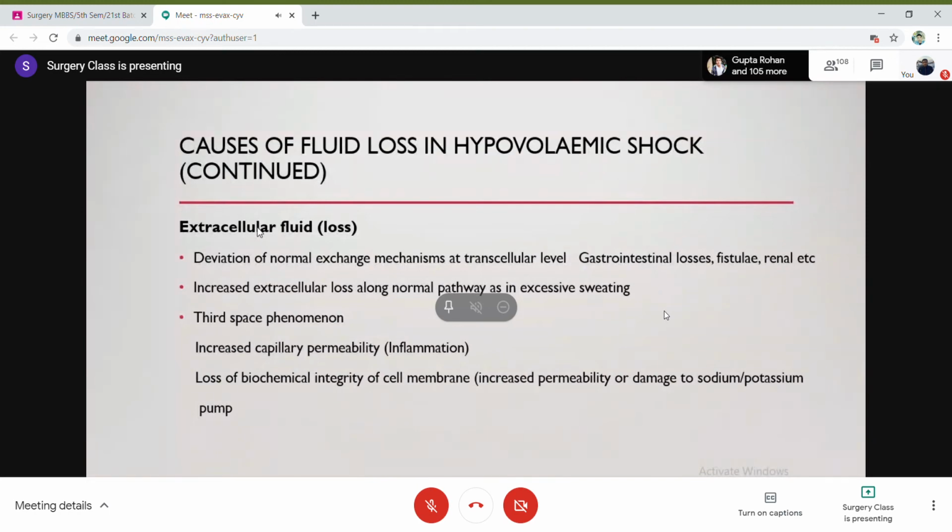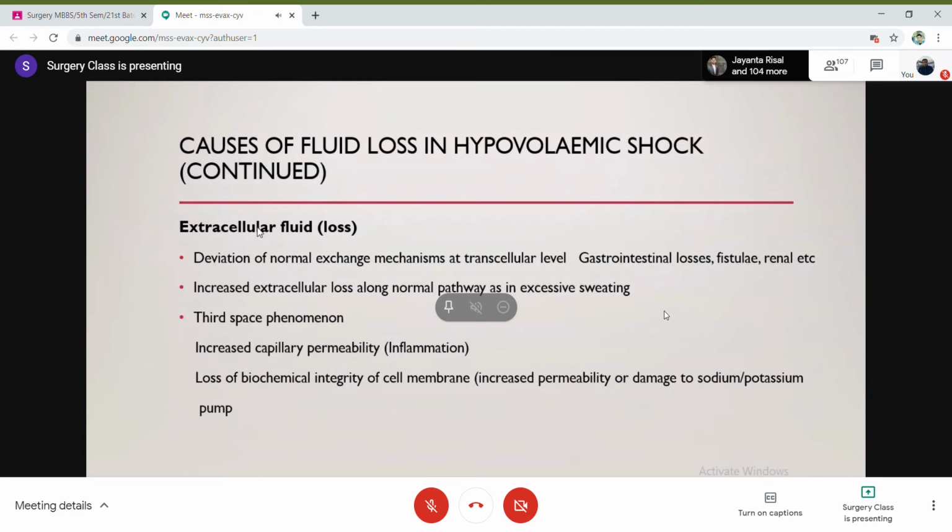It is said that in any professional sports, an athlete can lose up to 6 liters of fluid in 1 hour. 6 liters. That's very, very high because the human body has a total of 42 liters of fluid. And if you lose 6 liters in 1 hour due to any vigorous sports, then that could be one of the causes of hypovolemic shock.